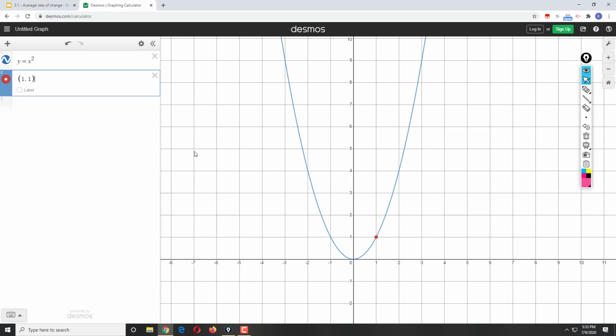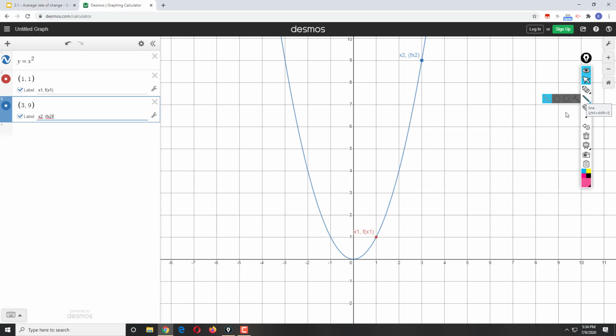So here's x equals 1, at 1, 1. When x equals 3, 3 squared is 9. So let's call x2 3. Then f of x2 will be 9.